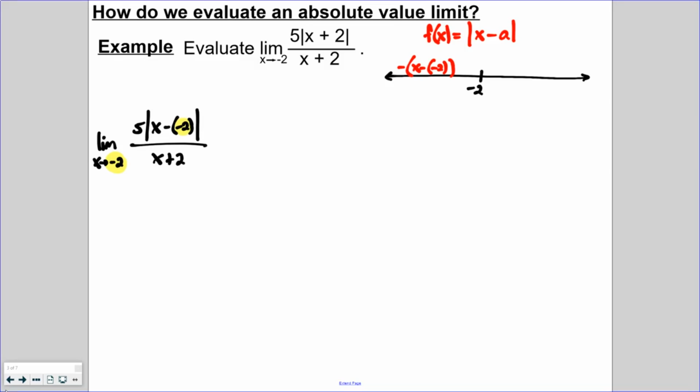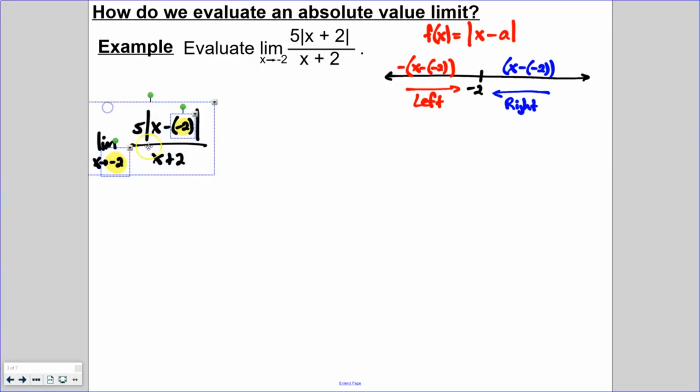And for all the numbers greater than negative 2, we're going to use the positive piece, x minus negative 2. So when we're looking at the limit coming from the left-hand side, we would use the negative piece. And when we're looking at the limit coming from the right-hand side, we would use the positive piece.